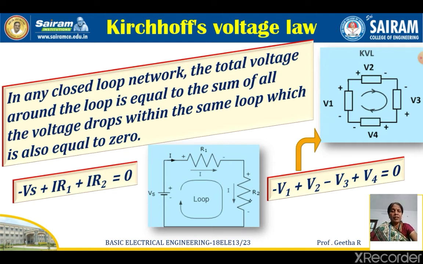If at all some current source is there, you should not add the current source with the voltage. Only the voltages can be added. When you add all the voltages around a loop, the algebraic sum of that is nothing but 0. The algebraic sum here means you are including the direction, the potential drop or polarity.